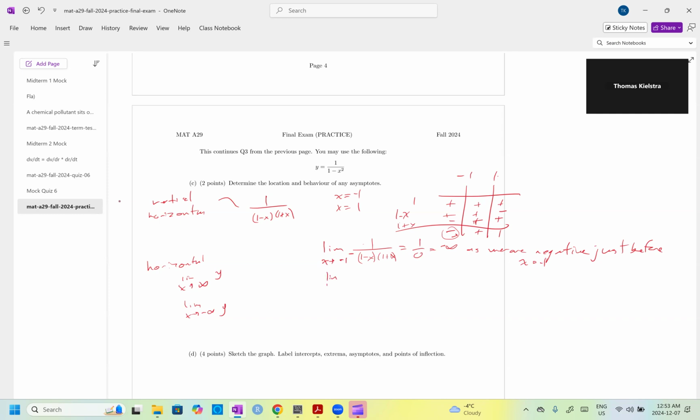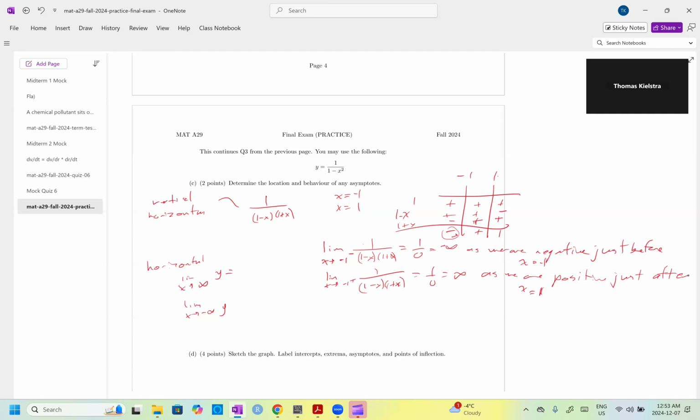Similarly, if we take the limit as x approaches minus 1 from the positive side of 1 over 1 minus x, 1 plus x, this equals 1 over 0, which equals infinity as we are positive, just before, just after x equals 1.